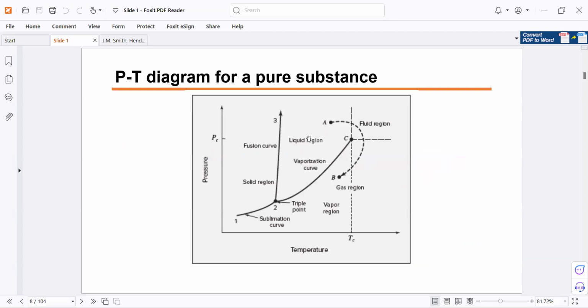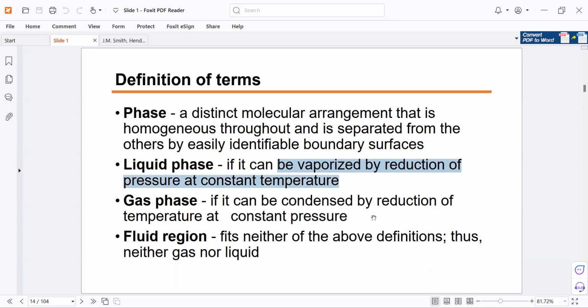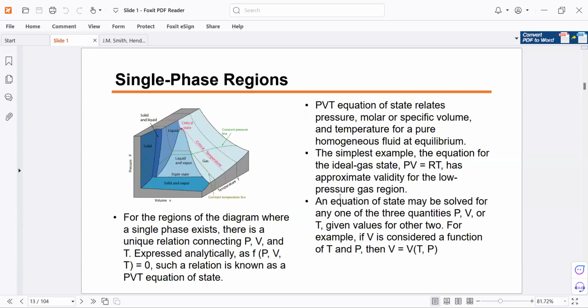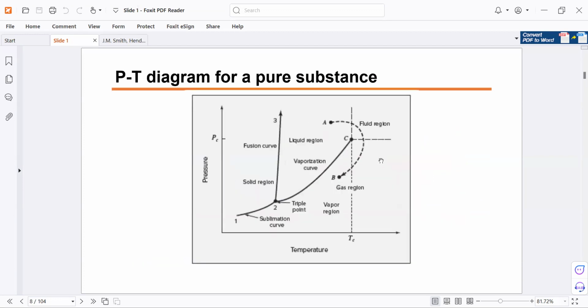And it is a gas if it can be condensed by reduction of temperature at constant pressure.